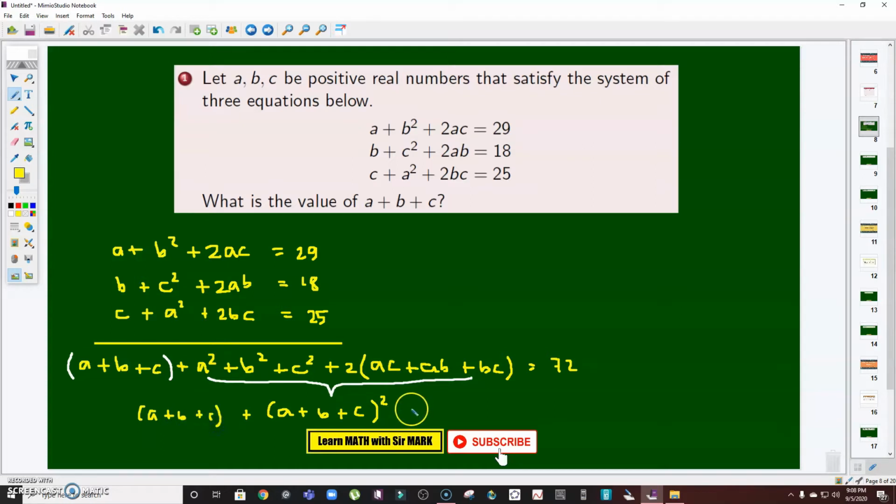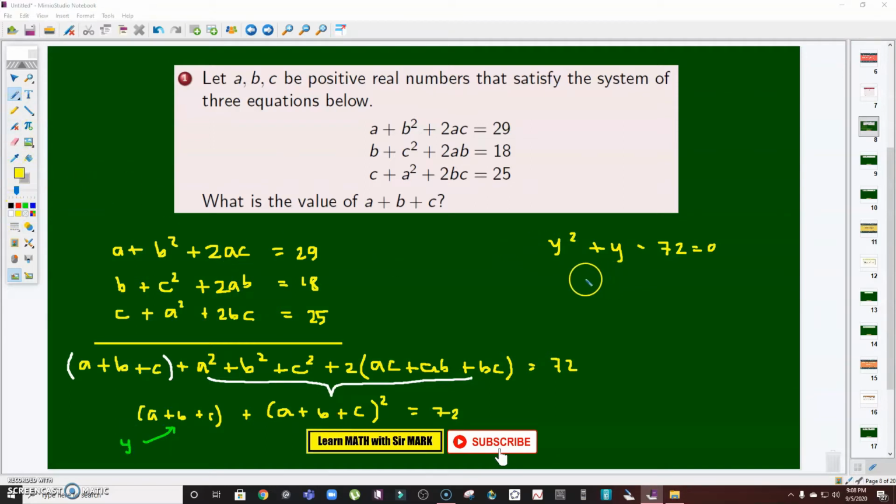Therefore, if you let A plus B plus C equal a certain variable, say y, then it's just like this: y squared plus y minus 72 equals 0. Again, we let this one equal y.